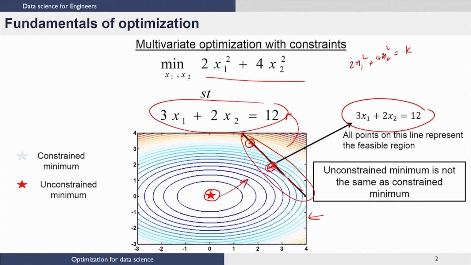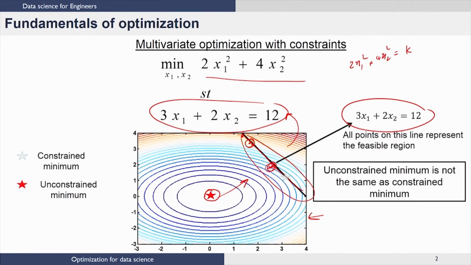Nonetheless, there are some points out of those, or one point, which would give me the lowest objective function value. So, when we looked at candidate solutions for this optimization problem, we were looking at the points on this line that we are interested in, because that is a constraint.